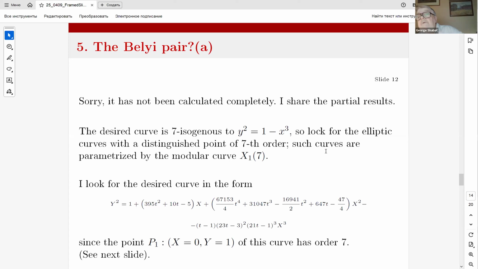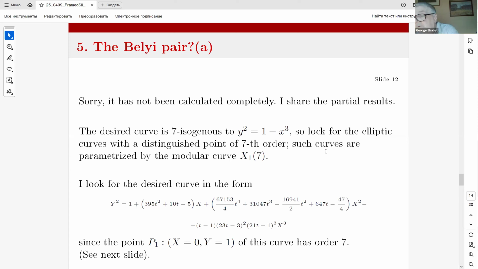Of course, the curve with the simplest multiplication, with the automorphism group of order 3. I didn't write here what perhaps everybody knows, that it is the curve with j-invariant 0. So we have a task to find one of its 7 isogenies.